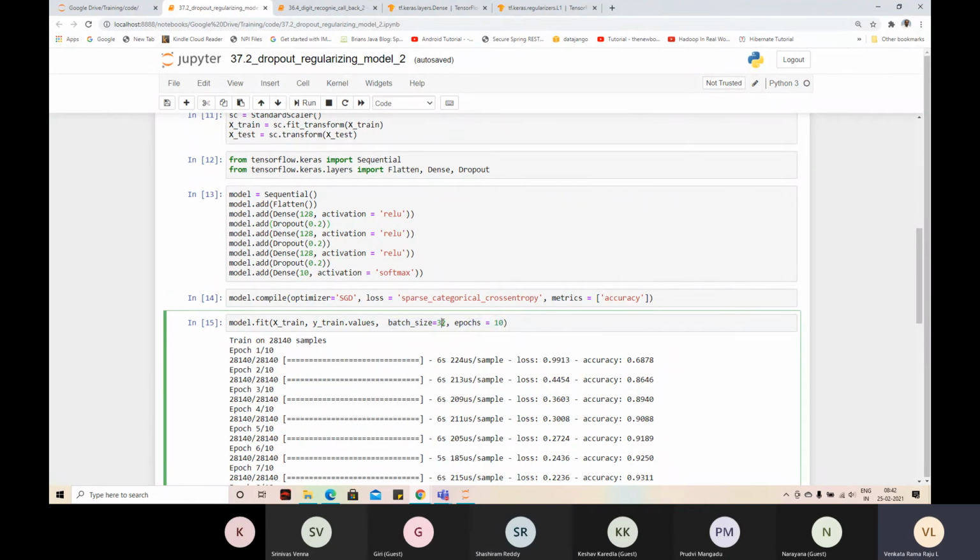With each iteration, 32 records taken. That's also random. Randomly, it will pick 32 records in each iteration, and 1,000 iterations will happen in one epoch. There are 10 epochs. That means 10,000 iterations will happen on this digit recognizer data set. Got it?